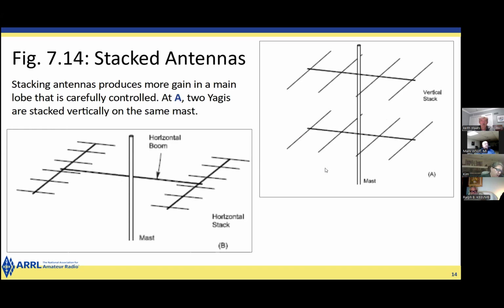Here's that 7.14 stacked antennas illustration. So you've got a mast and a horizontal boom, and you've got the beams.